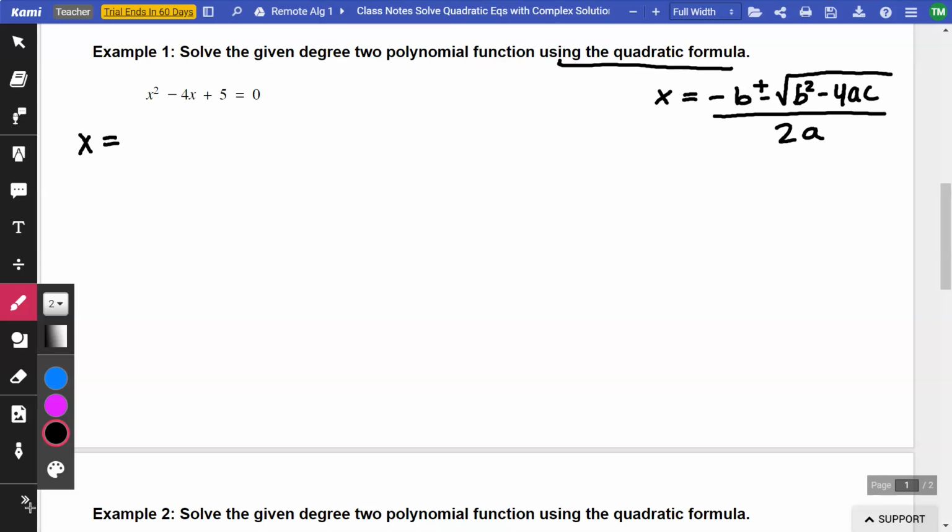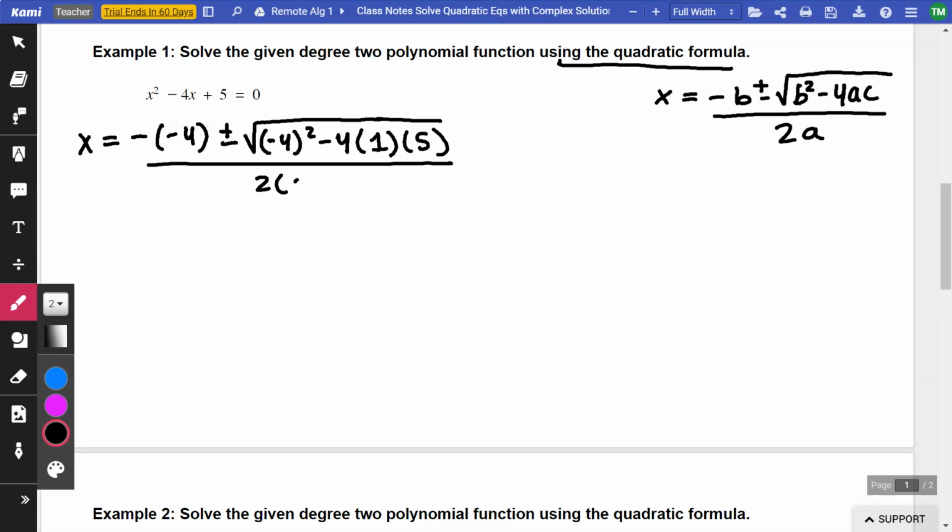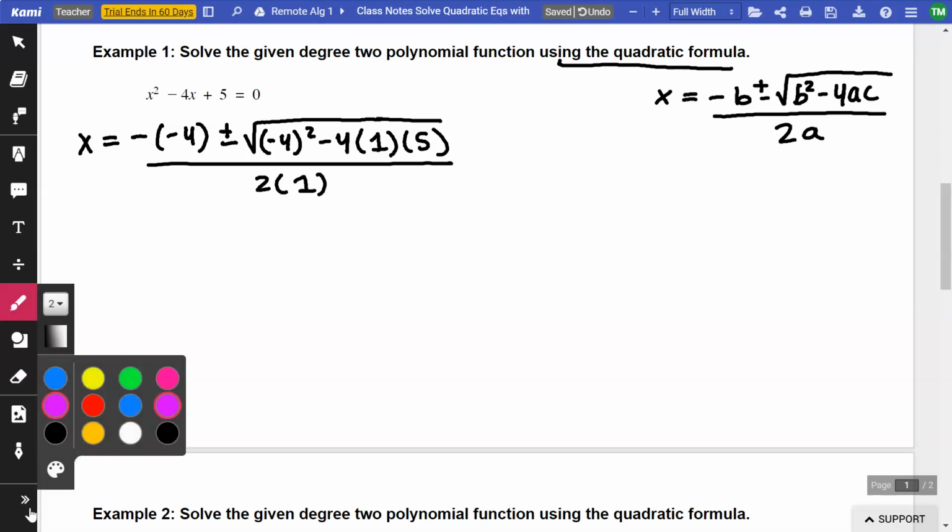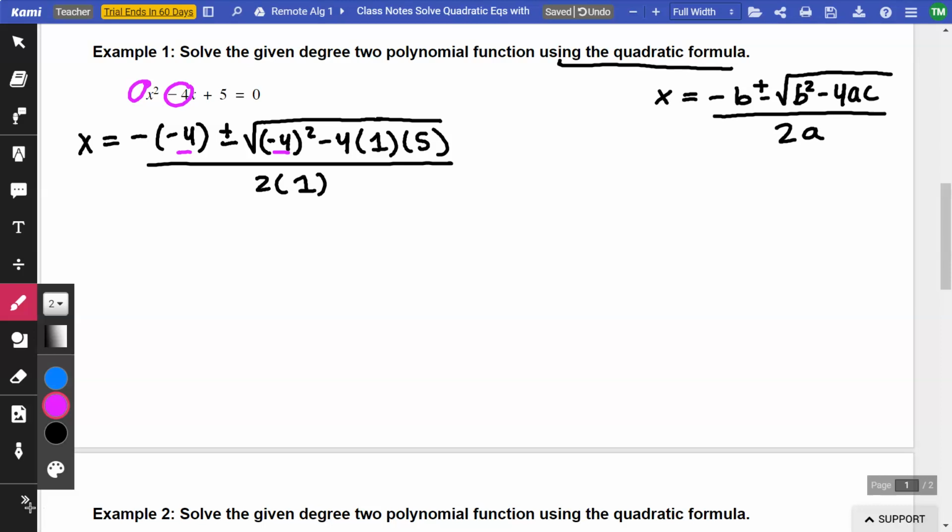So x equals the negative of -4 plus or minus the square root of -4 squared minus 4 times 1 times 5 all over 2 times 1. So I plugged in -4 for the b. I plugged in 1, because this would be 1x squared, for a, and then I plugged in 5 for c.